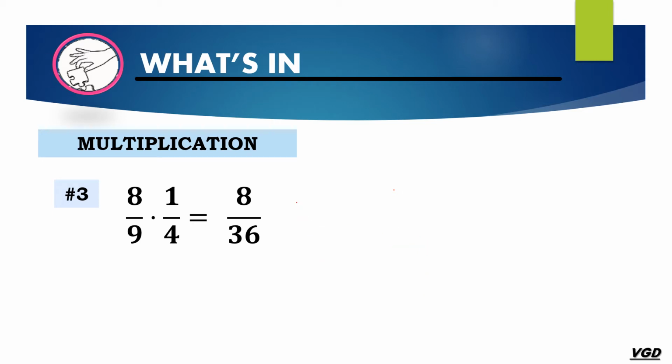So 8 over 36 can also be written as 2 over 9.